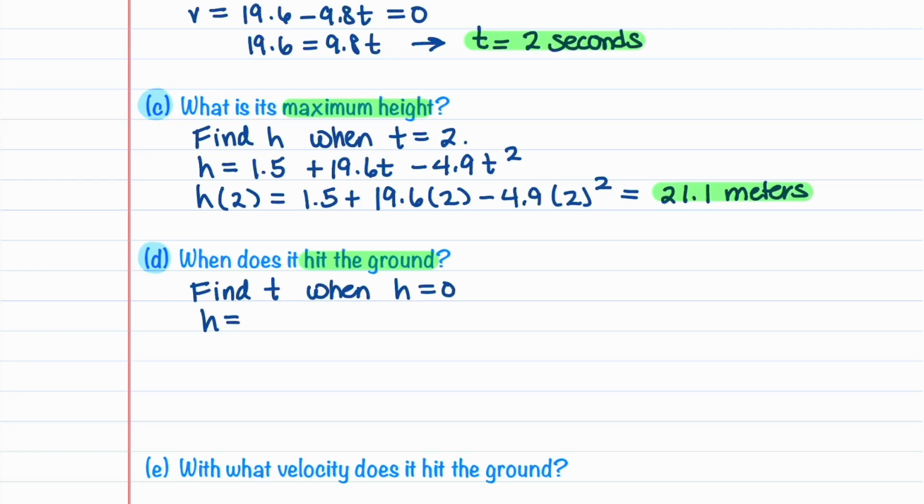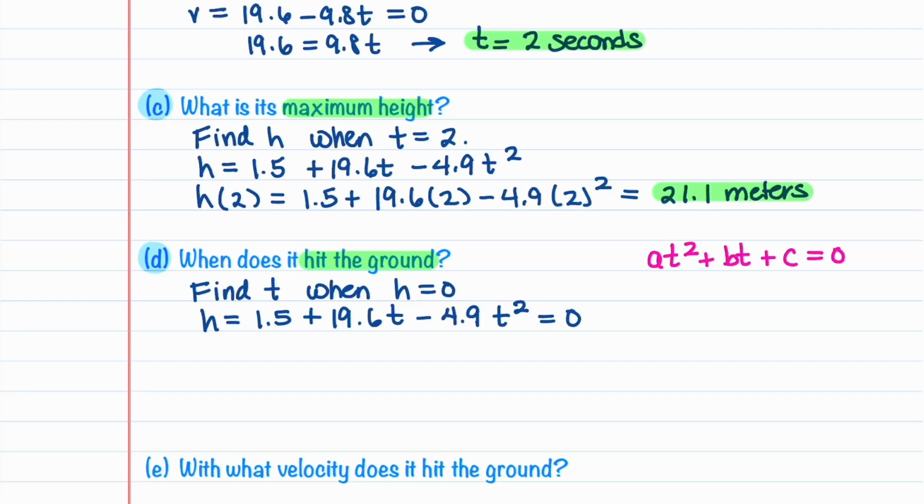So our h is 1.5 plus 19.6 t minus 4.9 t squared, and we're going to set that equal to 0. We are going to have to use the quadratic formula to solve for this. And you can think of the quadratic as at squared plus bt plus c is equal to 0.